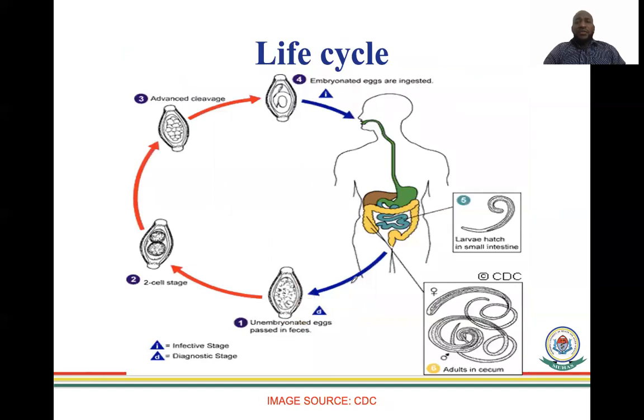The life cycle of Trichuris is quite direct: you get infected by ingesting the eggs, and then they get into your intestines and settle within the cecum and the appendix area.